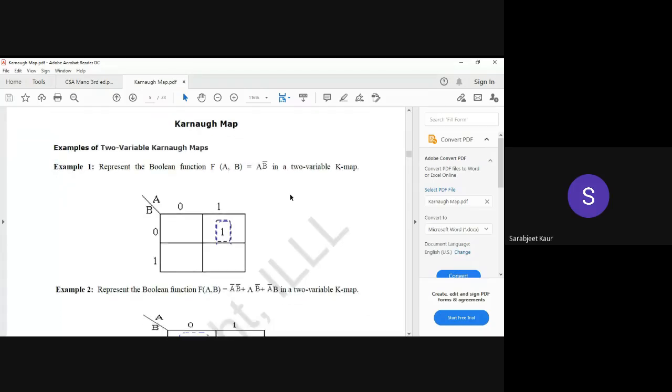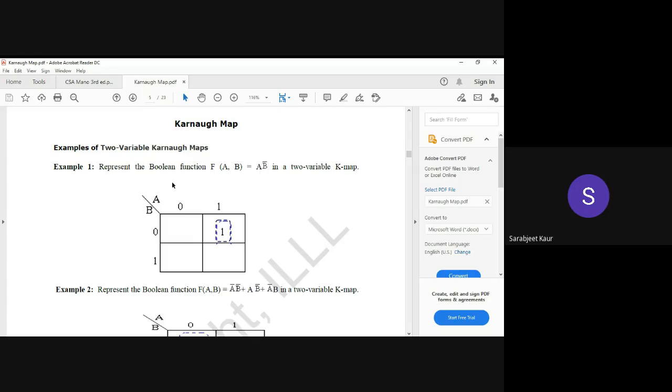Okay, good. Now let us start with, first of all, how to represent a particular expression in a Karnaugh map. What you see on your screen is the first example. The question says, represent the Boolean function f(a,b) = ab' in a two variable Karnaugh map. So how to do that?